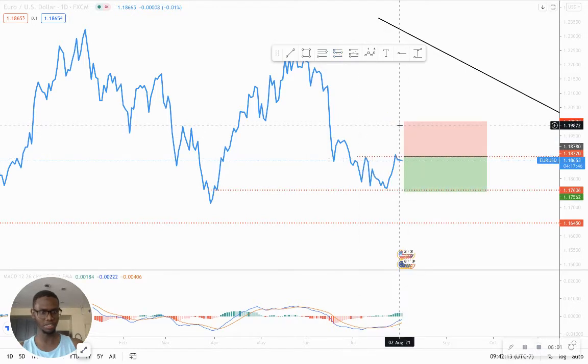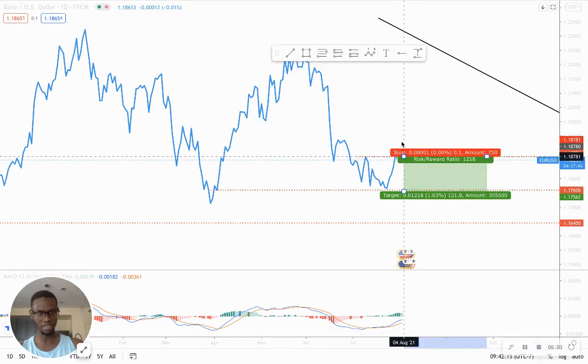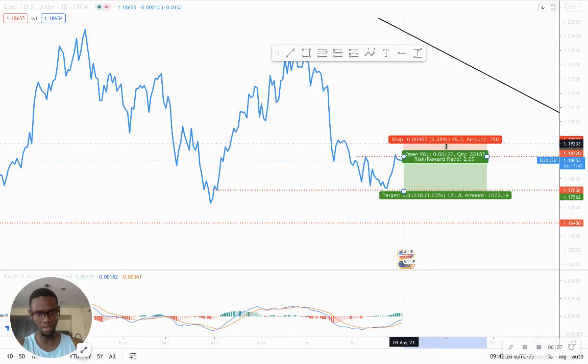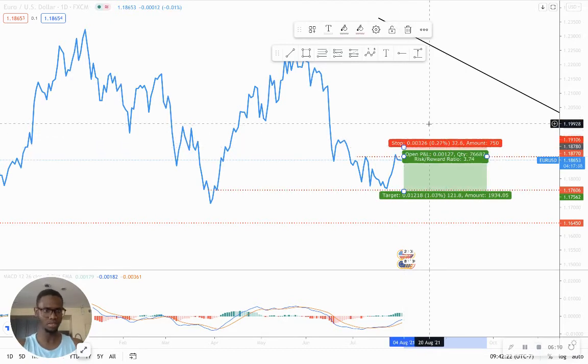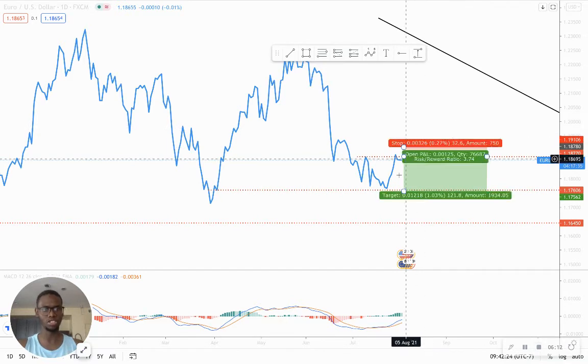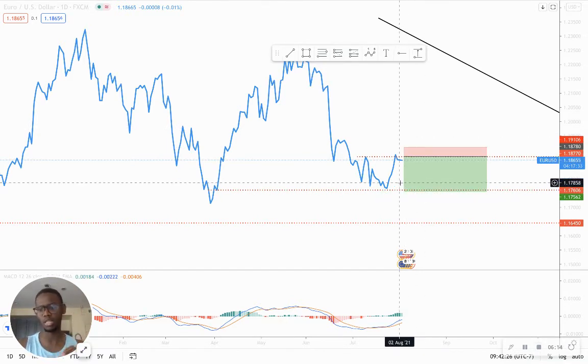If price gets, let's say, right here, just slightly above this level, it means that my trade was obviously wrong because it went opposite of the direction I was looking for.